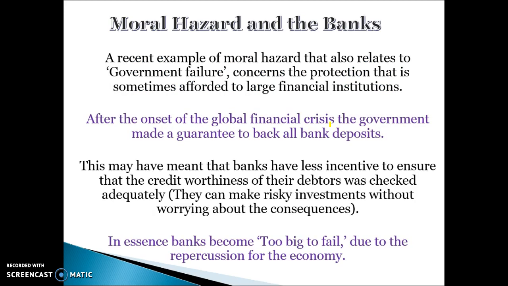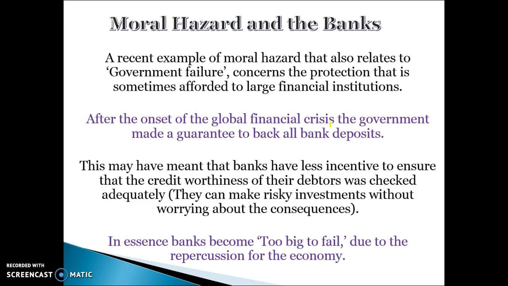Moral hazard in the banks. A recent example of moral hazard would be when the government came out and said that any bank that goes bankrupt, we're going to cover. If you go bankrupt, we're going to cover your losses to make sure that consumers don't suffer their savings getting wiped out. But the problem with that is that the banks then started acting in a riskier fashion and giving loans out to people that couldn't afford them because they knew that if they didn't pay them back, the government would fund them.